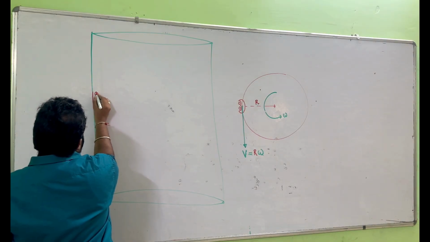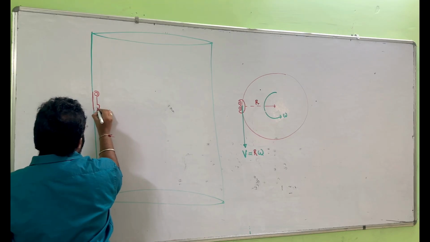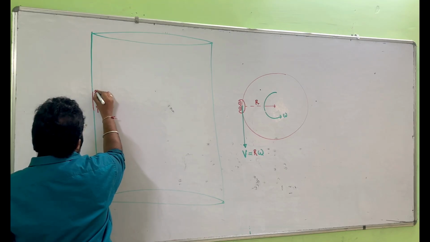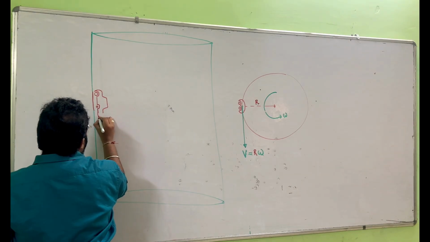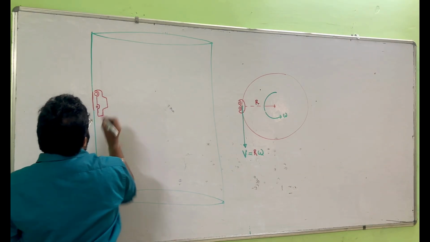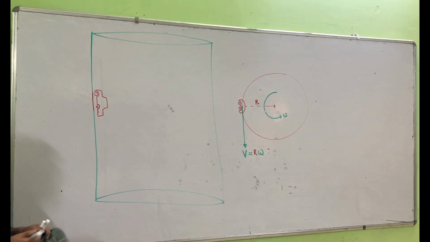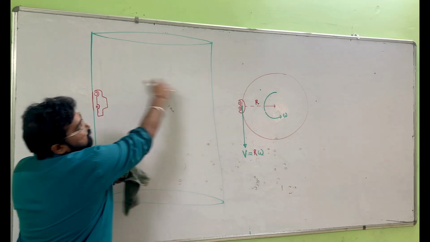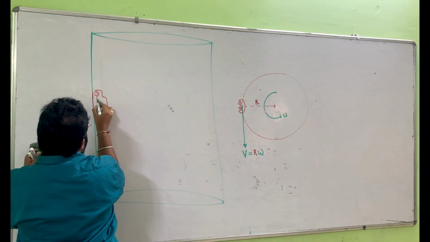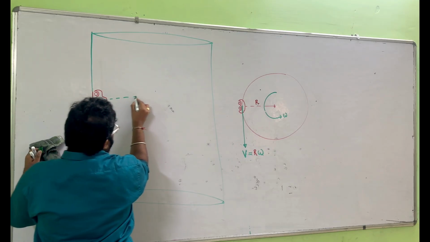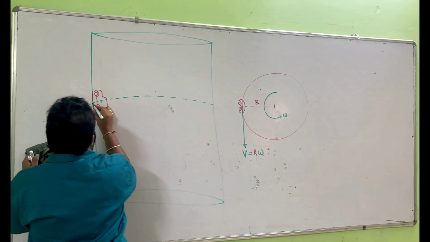Here to here, this is the car. Understood? It comes like this and goes like this. This guy is in circular motion. The entire path is what?